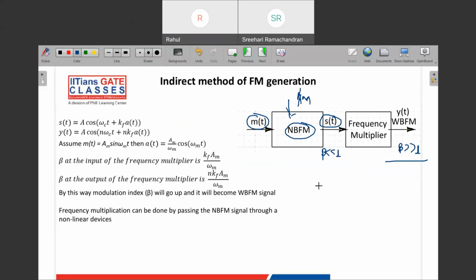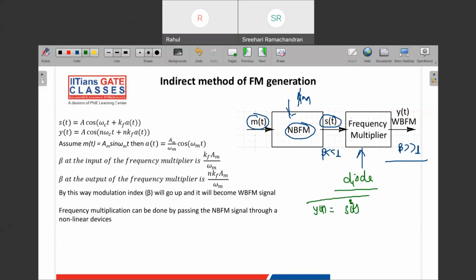Now this frequency multiplier can be designed with the help of any nonlinear circuitry, for example a diode. A diode is a kind of nonlinear circuit. Similarly, BJT or MOS circuitry can be nonlinear in certain voltage bias scenarios, so we can use those for frequency multiplication. For a nonlinear device, let's say we have y(t) equal to s(t) squared.